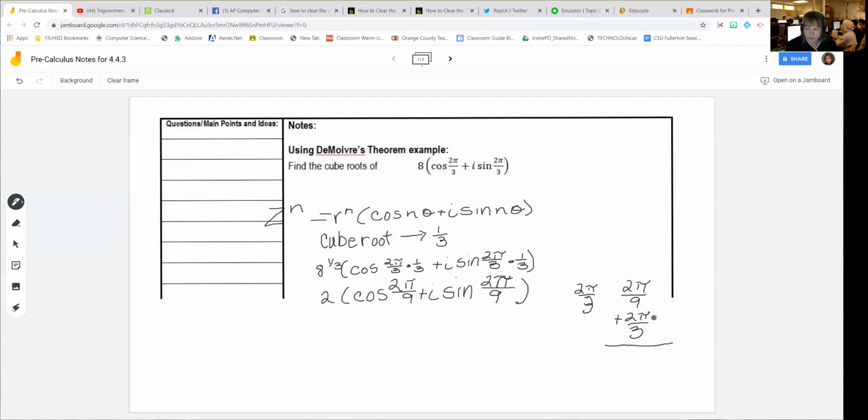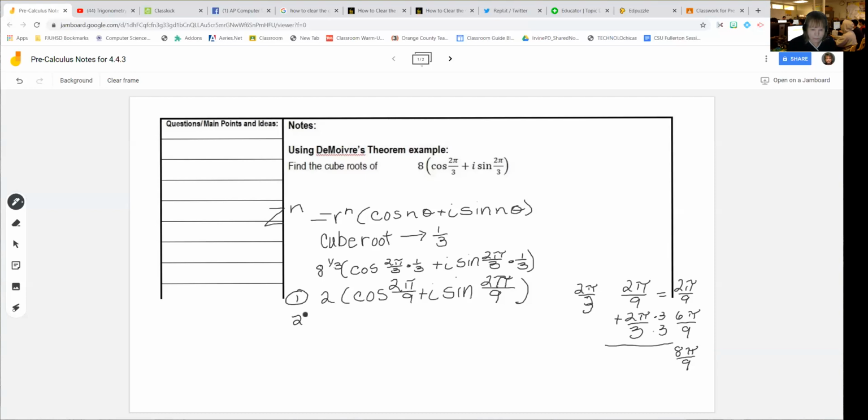So I'm going to have to multiply this by 3 so I have a common denominator. This is going to stay 2 pi over 9. I get 6 pi over 9. The sum is going to be 8 pi over 9. So that means this is my first cube root.